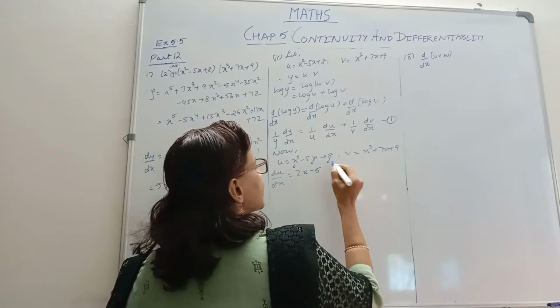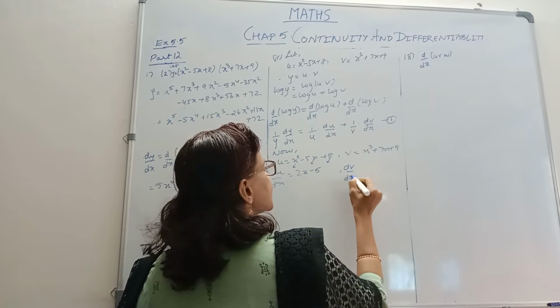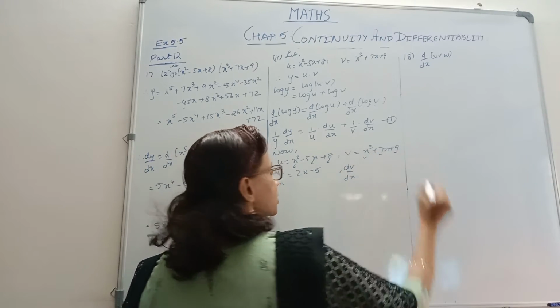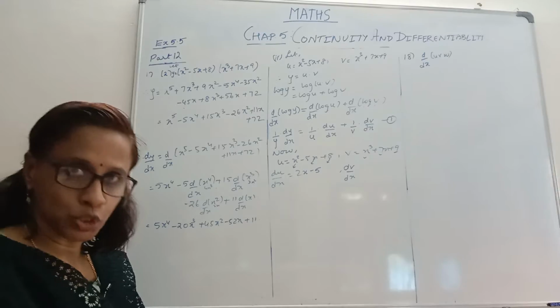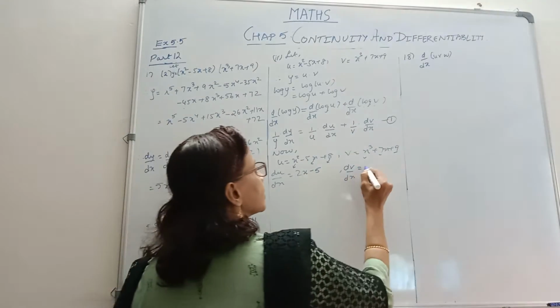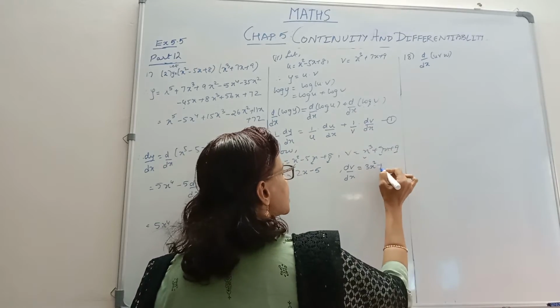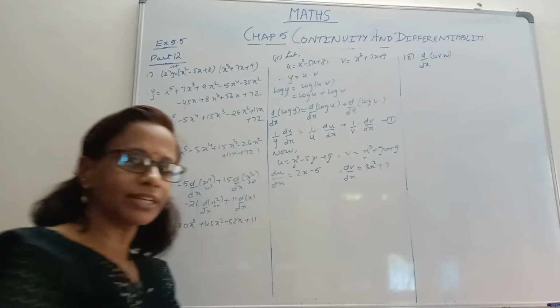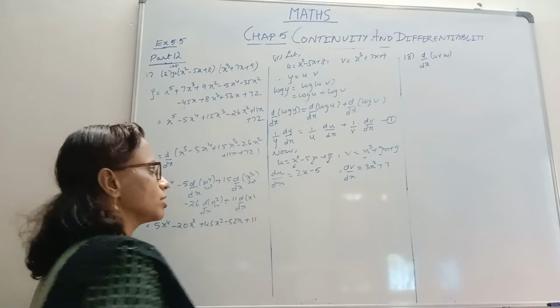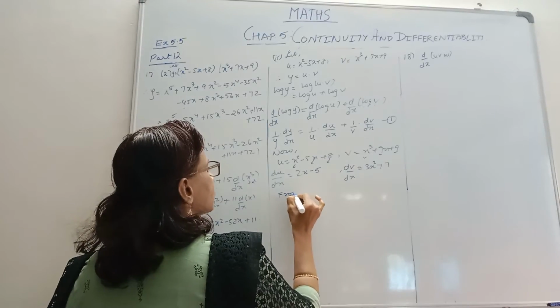Same way, 8 doesn't have a derivative. dv by dx is derivative of this, derivative of this, derivative of this. Derivative of x cube is 3x squared. And derivative of 7x, 7 out, derivative of x is 1. 9 doesn't have a derivative because it's a constant. That's all.